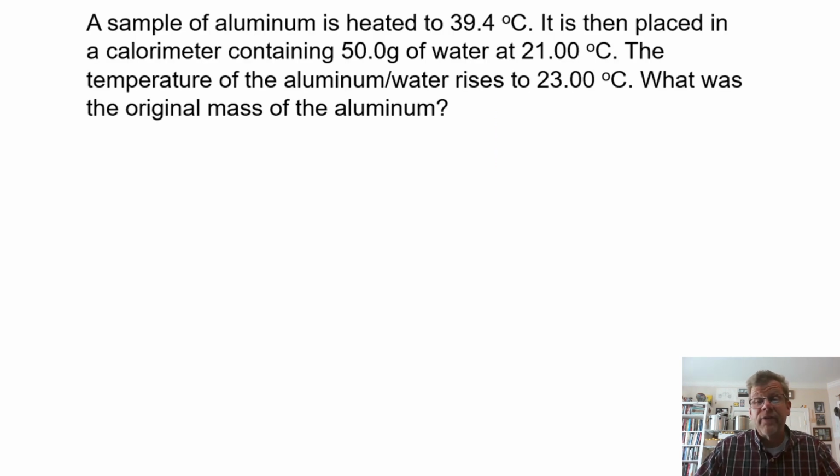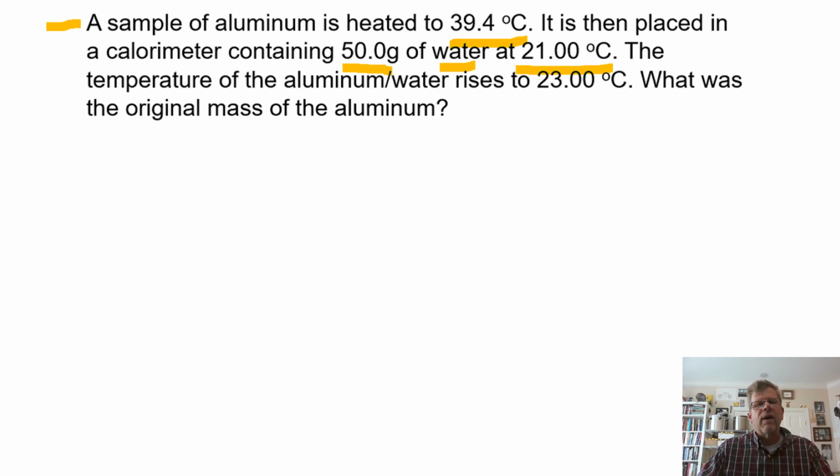Okay, looks like a lot of information here. Let's get started. A sample of aluminum is heated to 39.4 degrees Celsius, and it's then placed in a calorimeter containing 50 grams of water, and that water is initially at 21 degrees Celsius.